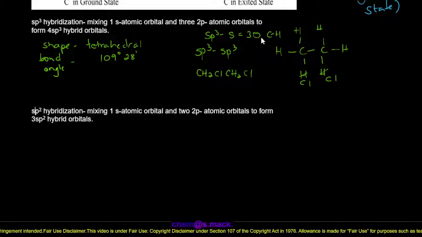In order to determine its shape and bond angle, we are looking at what type of electron pairs surround our 2 central atoms, our 2 carbon atoms. It would still be 4 bond pairs. That means dichloroethane, a derivative of ethane, would have a tetrahedral shape and a bond angle of 109 degrees.